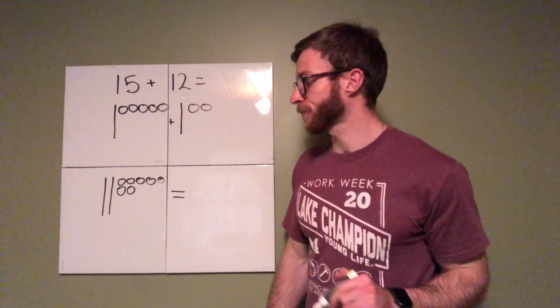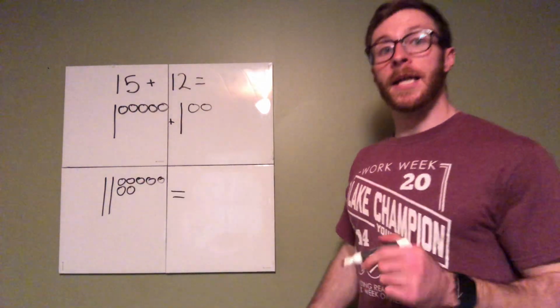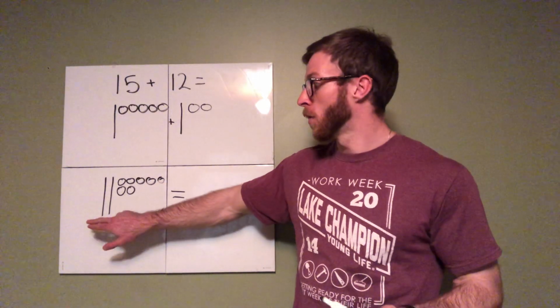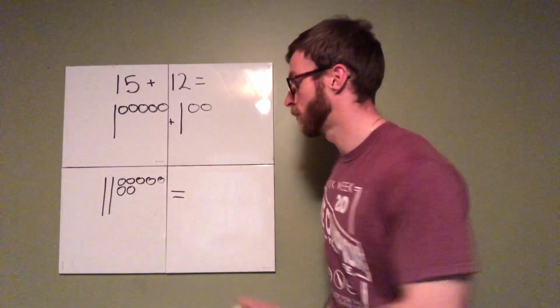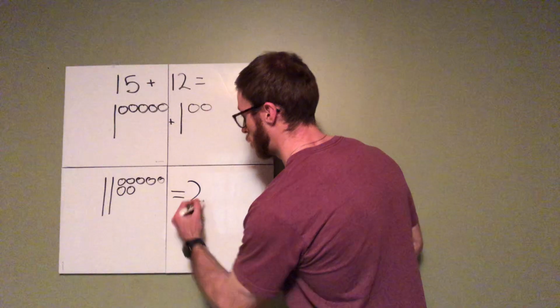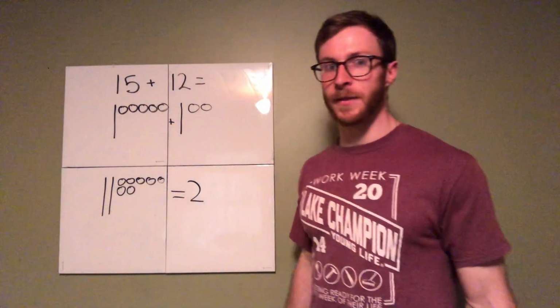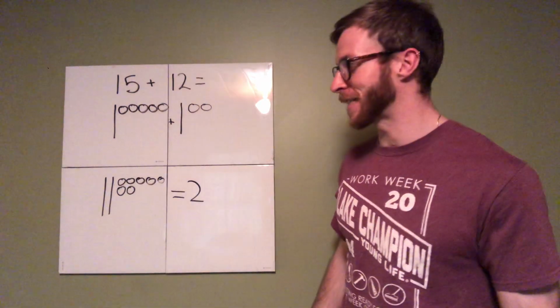But we are not done. Now we need to show it in number form. So let's look at the tens. How many tens are there? 1, 2. 2 tens. How many ones are there? You should be able to tell that real quick after doing all that subitizing work.